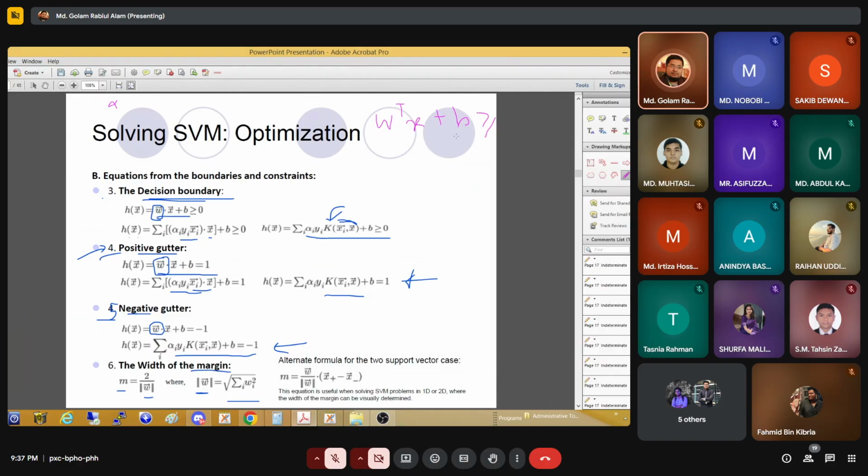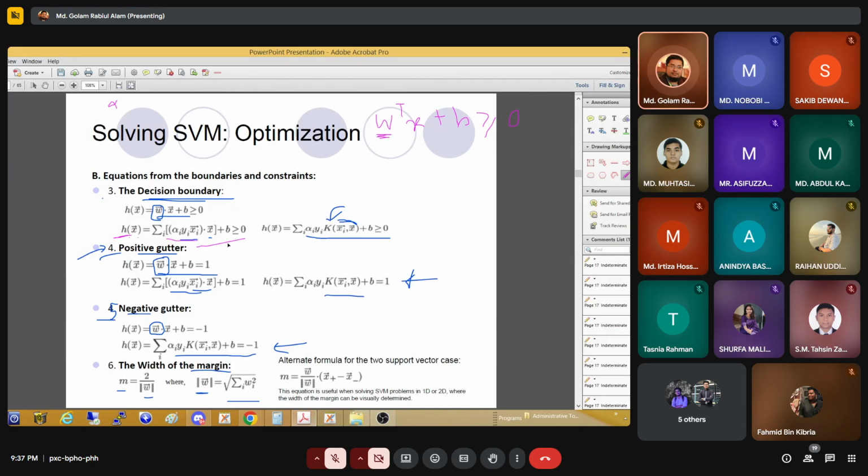Here it is mentioned greater than 0. So this is the decision boundary. Change the value of W here, because we know W equals summation of alpha i, yi, and xi. So instead of just W, we can put this summation of alpha i, yi, and xi. Then this equation will be this. So the hyperplane equation will be this one.